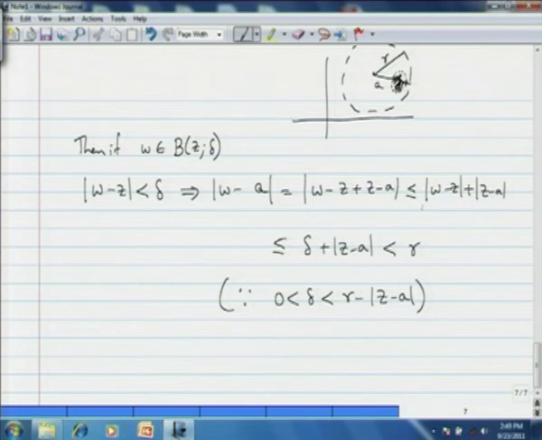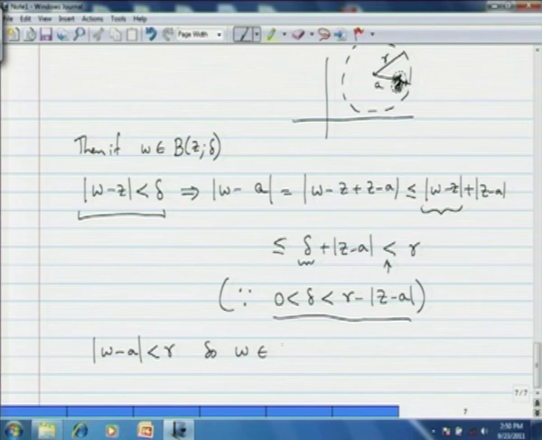So, this portion, that the modulus of w minus z is less than delta, is coming from the fact that w belongs to the ball of radius delta centered at z, and then this inequality here follows from the choice of delta. So, that shows that the modulus of w minus a is strictly less than r. So, such a w belongs to B(a, r).